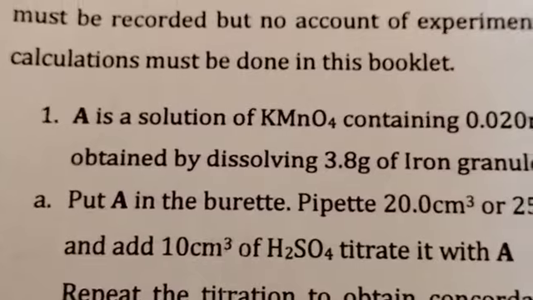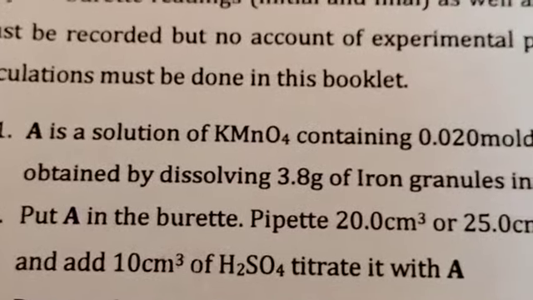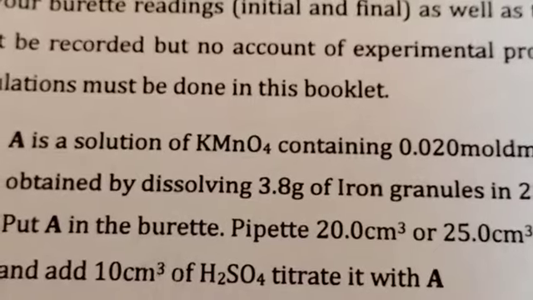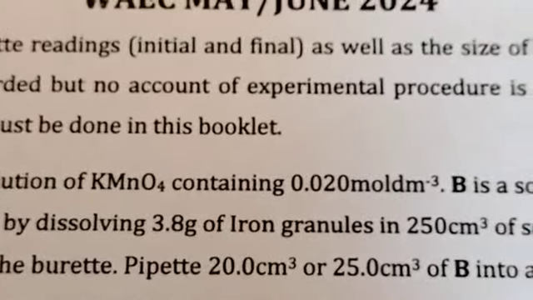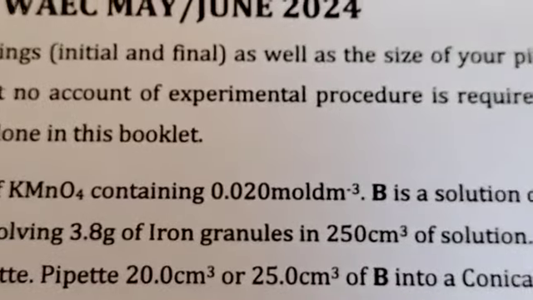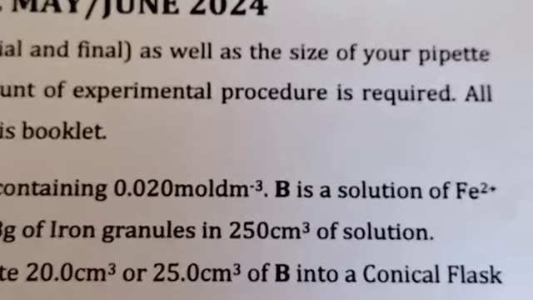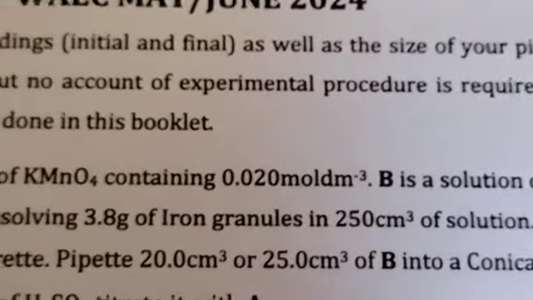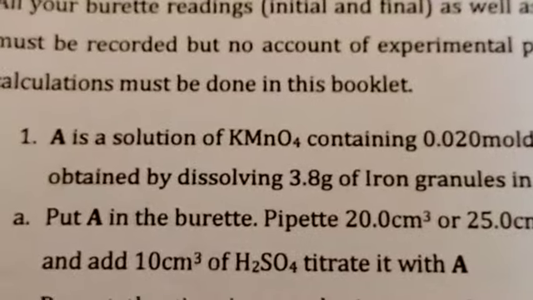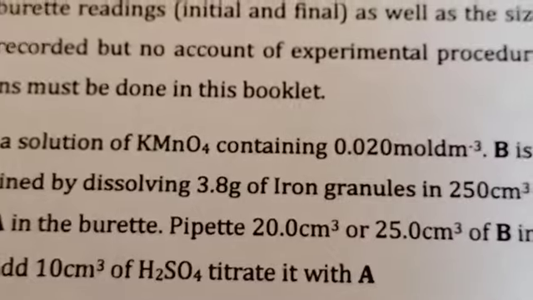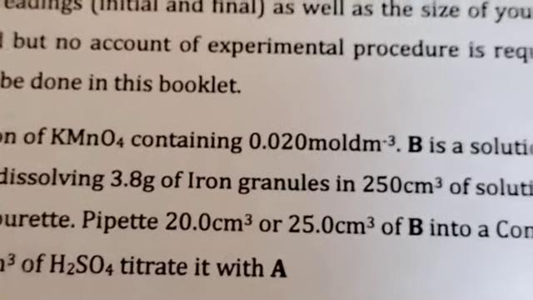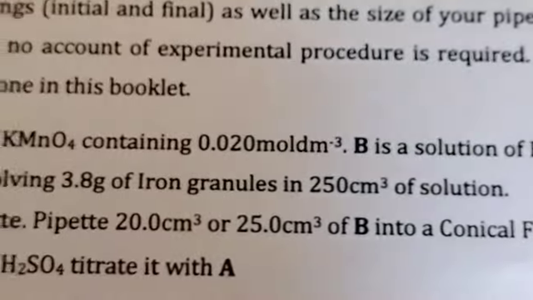Number 1. A is the solution of potassium tetraoxomanganate 7 containing 0.020 mole per dm³. B is the solution of iron 2 obtained by dissolving 3.8 grams of iron granules in 250 cm³ of solution.